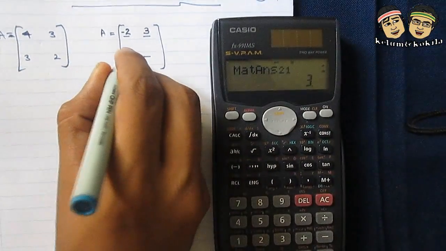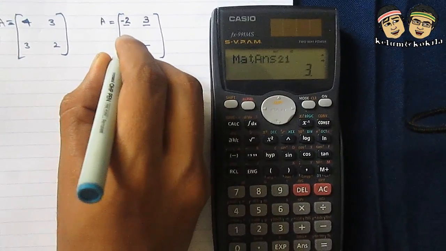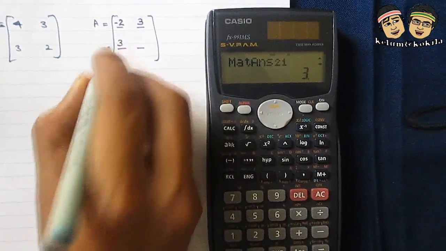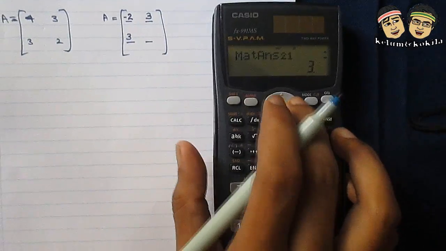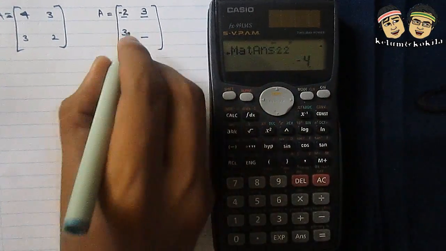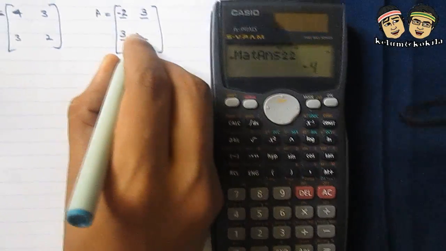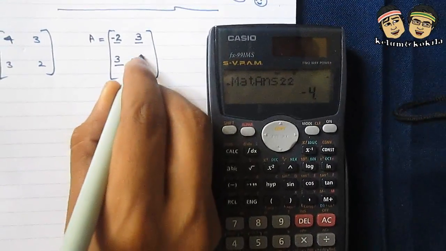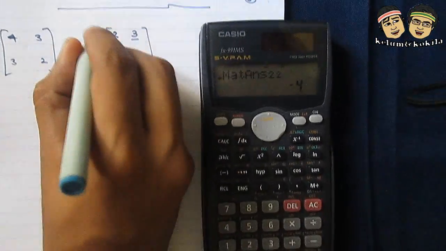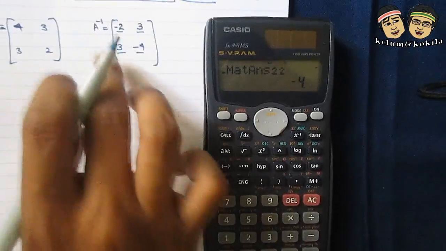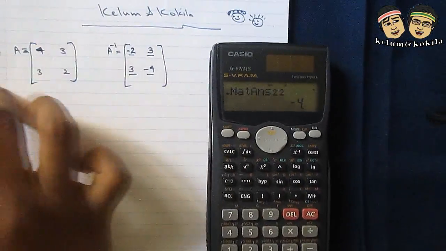That is the first value of the second row. And if I press the next button again, -4 comes, and that is the second value of the second row. So now you have calculated A inverse. Now you have calculated the inverse of this matrix.